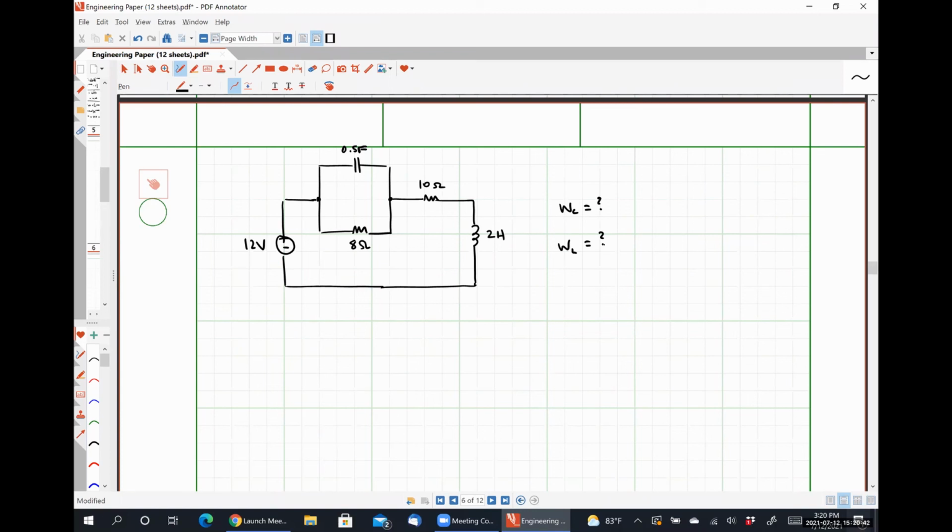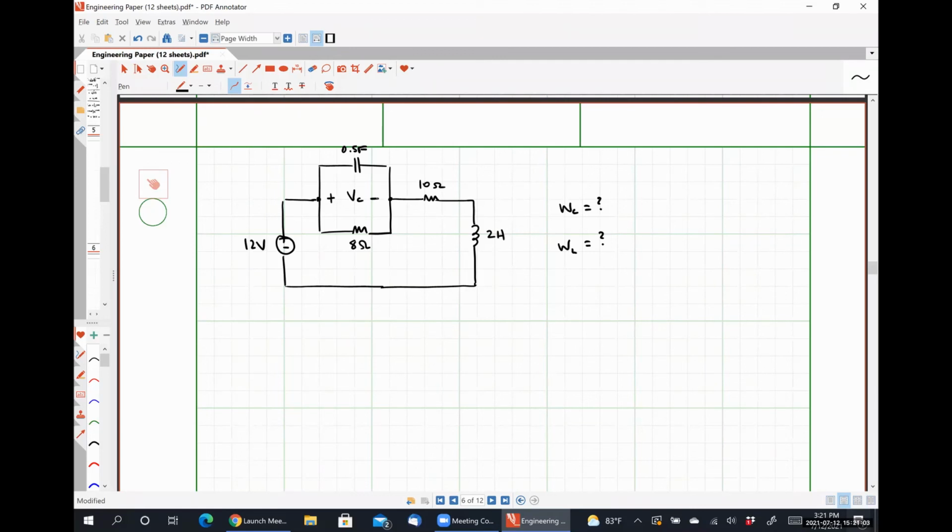Voltage? Okay, the capacitor voltage. Does it matter what polarity I assign to the capacitor voltage? No, because the energy is dependent on the voltage squared. So I'm going to call this guy right here VC.